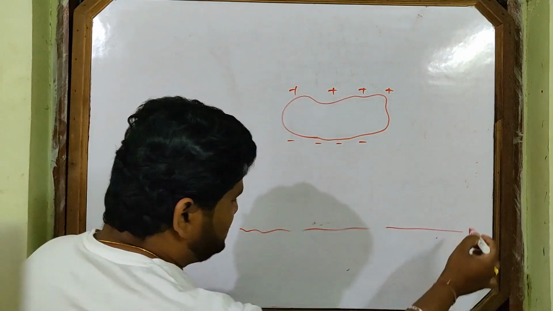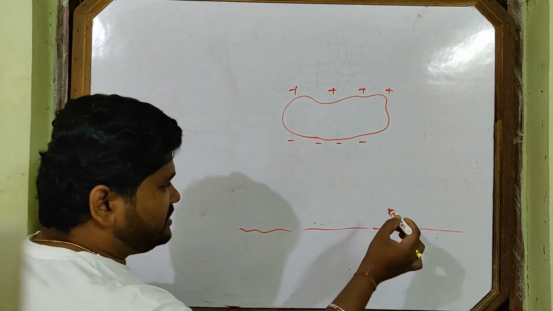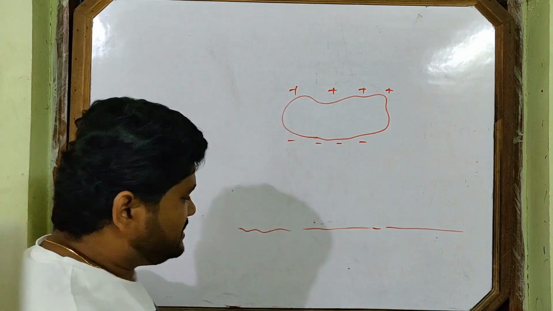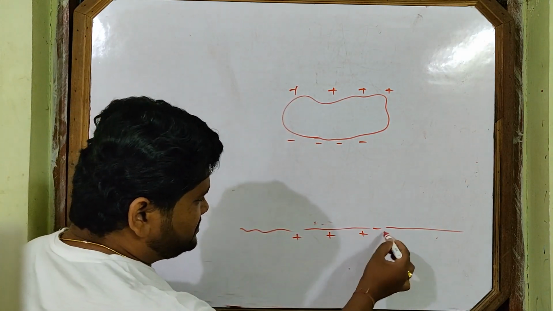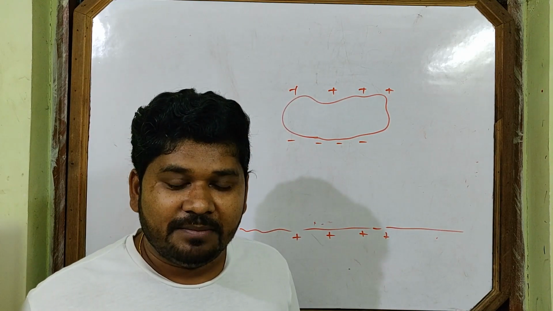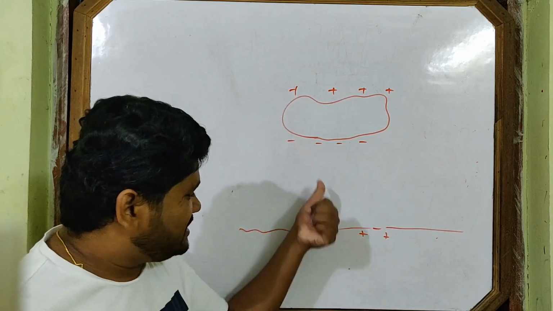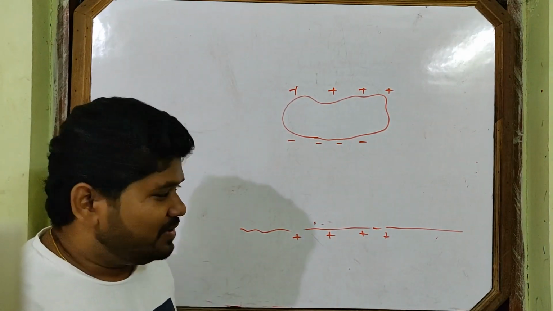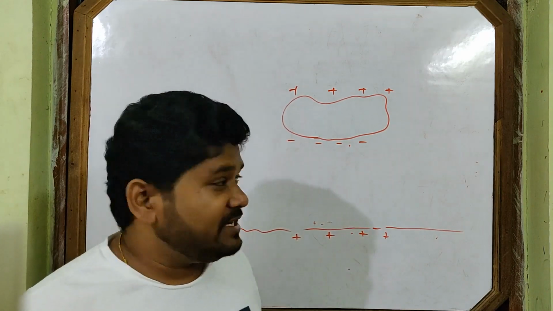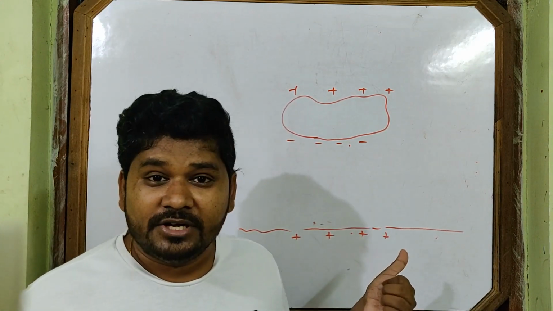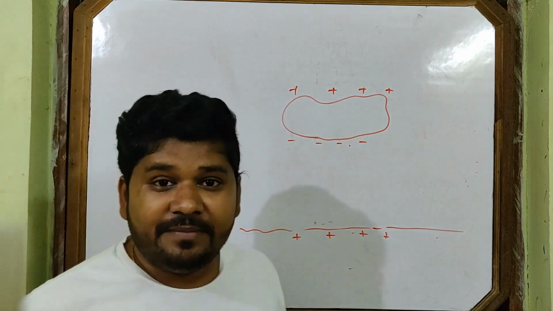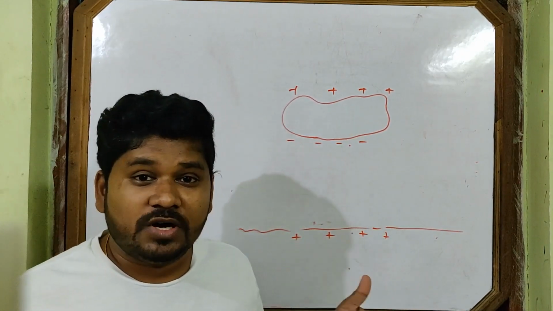this is your mother earth. When this part becomes negative charge, immediately earth becomes positive charge. How does earth become positive charge? By induction. When earth becomes positive charge, there is a potential difference, and it becomes so high that the air between them converts into a conductor.